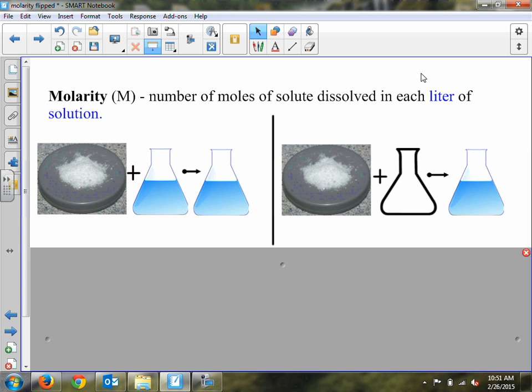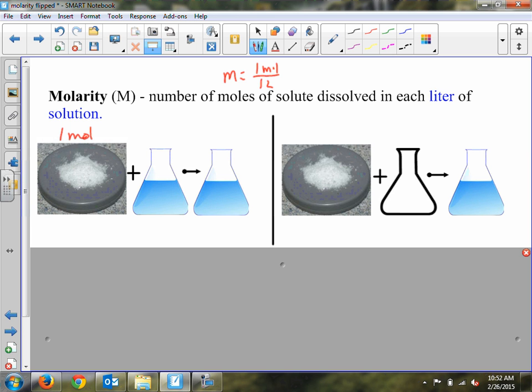Here's the first equation, molarity: number of moles of solute dissolved in each liter of solution. If I go to my scale, look up the molar mass of some compound, and weigh it out, let's assume I have exactly 1 mole of the substance right here. And I want to make something whose molarity is 1 molar, which means I need 1 mole in 1 liter.